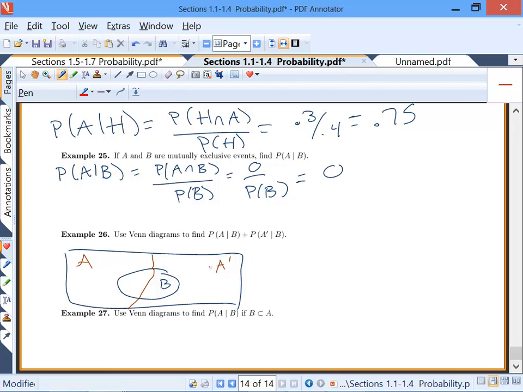If I want to shade A given B, let's think about this in our reduced sample space format.